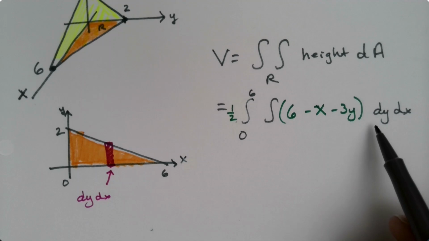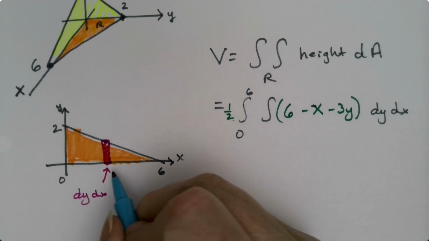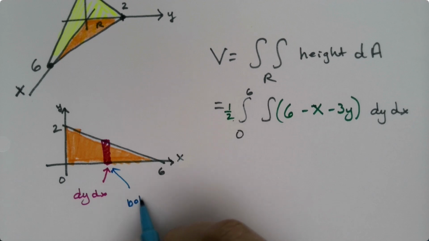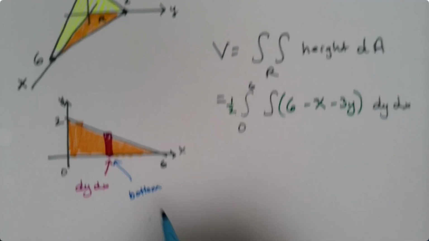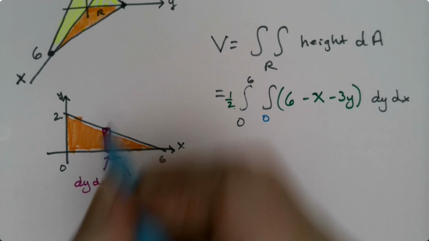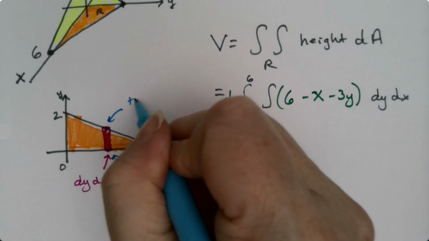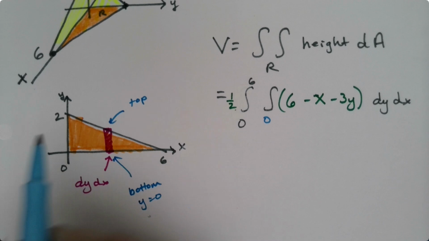The y values, you have to figure out the bottom and the top. At the bottom of that rectangle, it will always be 0 for the whole region. So y equals 0, no problem. The top is a diagonal line, so we need to find the equation for it. So we need to know our algebra, right?